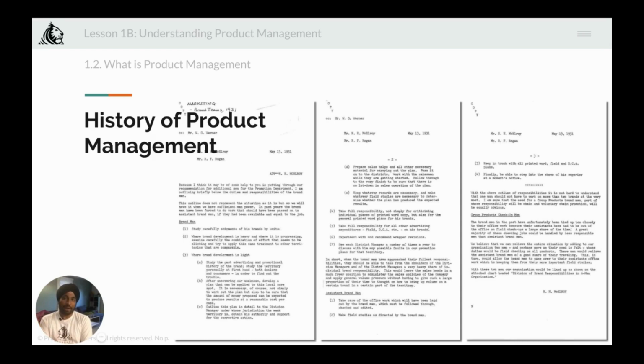Let me just take you back a little bit. So the product management role traces back its origins to a memo written by Neil McElroy back in 1931. Yeah, 1931. So Neil McElroy wrote an 800-word long memo when he was at P&G in order to get two new hires.